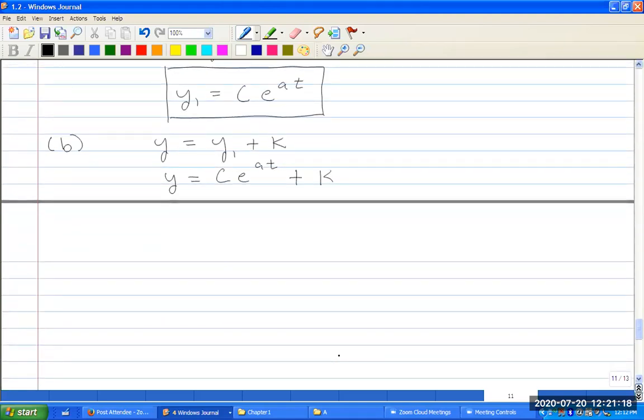So let's plug in. Since dy over dt is equal to, well, let's differentiate this. The derivative of c times a constant is just c times the derivative of that constant. So c times the derivative of e to the at is a e to the at. The derivative of a constant k is just 0.